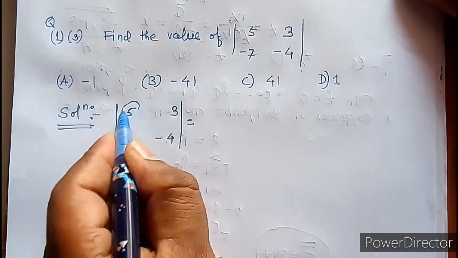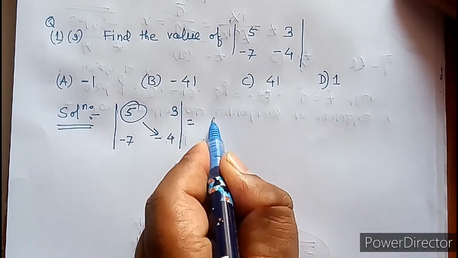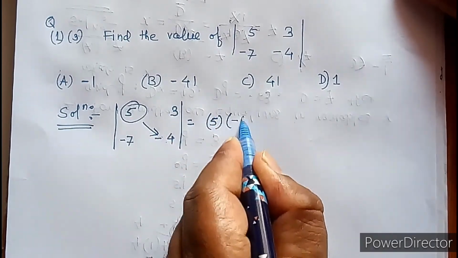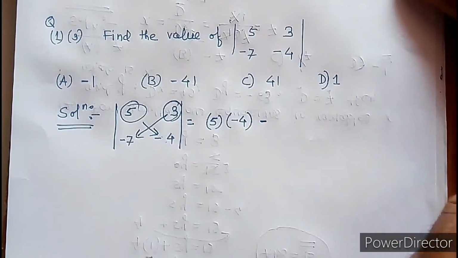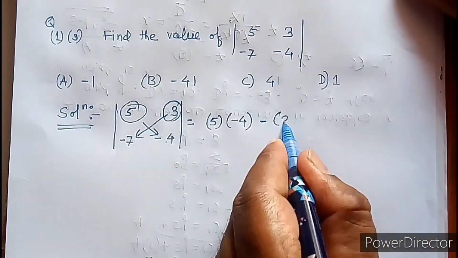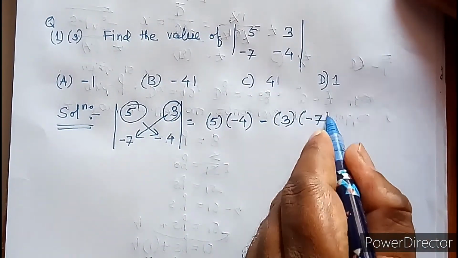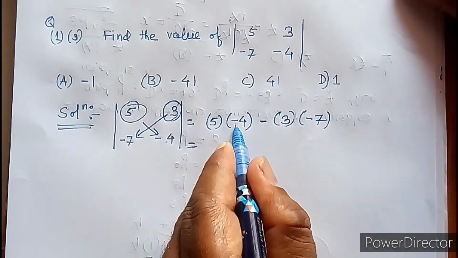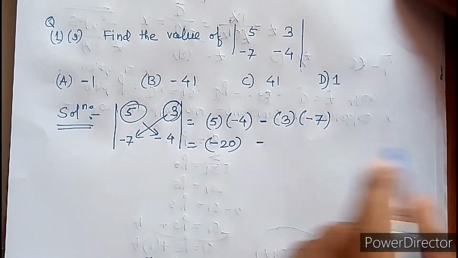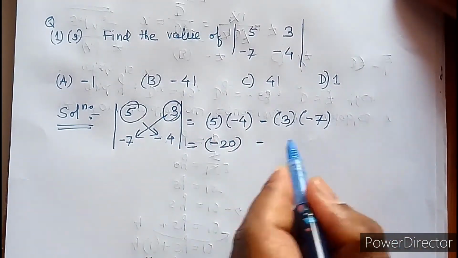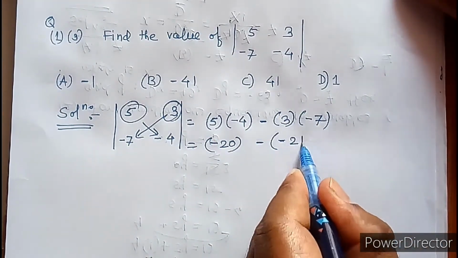Now this 5 will be multiplied with minus 4. This 5 into minus of 4 minus, now this 3 will be multiplied with minus 7. Now this 3 into minus of 7. Now here 5 into minus of 4, it will be minus of 20. Minus, as it is, 3 into minus 7, it will be minus of 21.